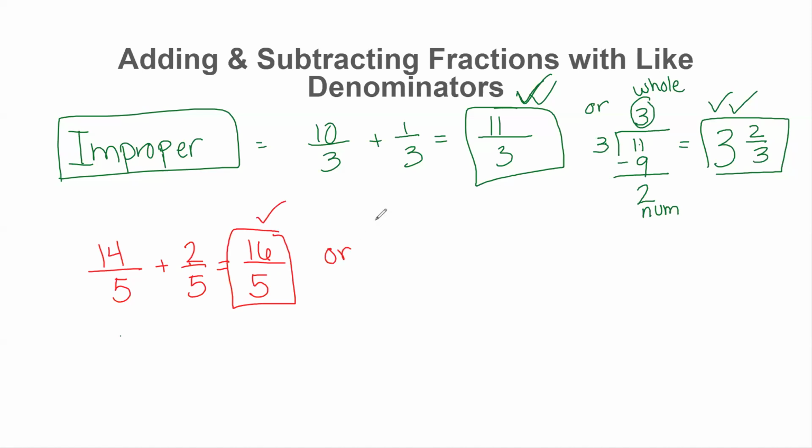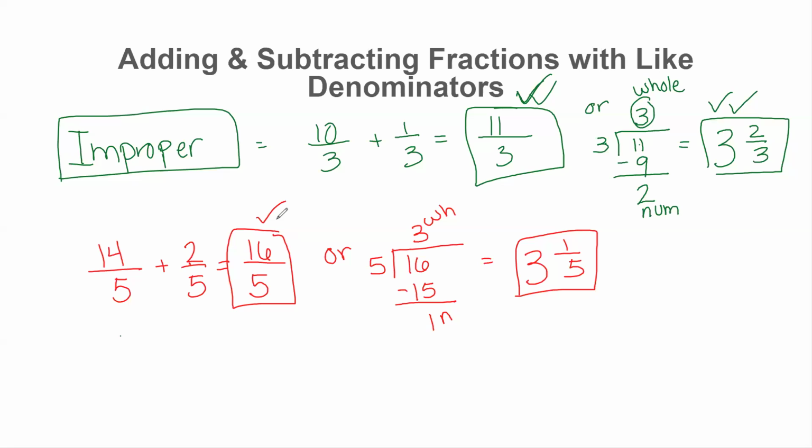Or if your teacher or your worksheet or whatever wants the mixed number, divide 16 divided by 5. That goes in 3 times with a remainder of 1. So this is your whole number, and this is your numerator. So that would be 3 and 1/5. You always keep the same denominator. So 16/5 or 3 and a fifth.